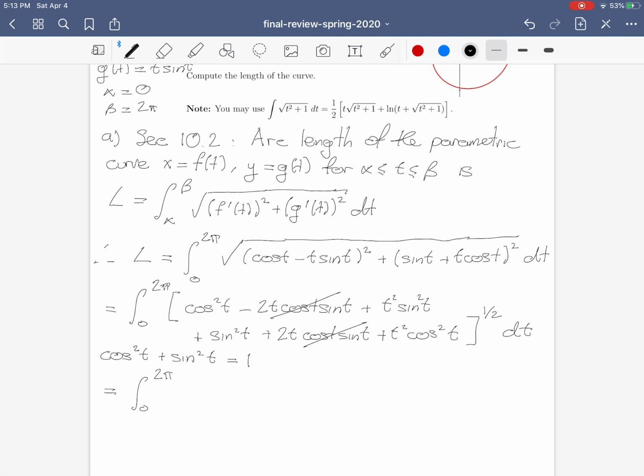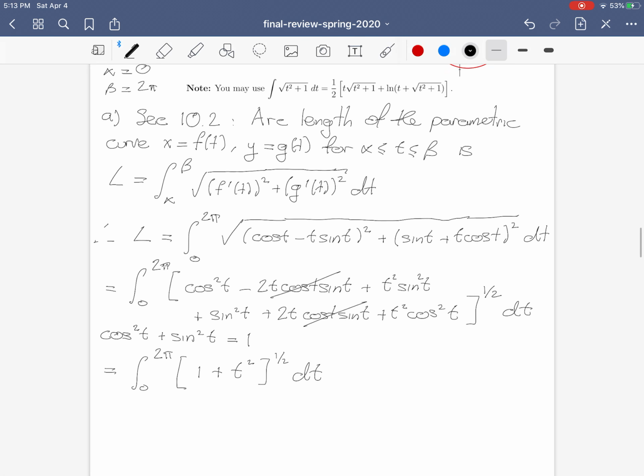So what we get is the integral from 0 to 2 pi. So the first thing we do is we match this cos squared t with this sine squared t to get 1. And then we match the t squared sine squared t with the t squared cosine squared t to get t squared. This is equal to the integral. So now we get our integrand is 1 plus t squared raised to the 1/2 power.